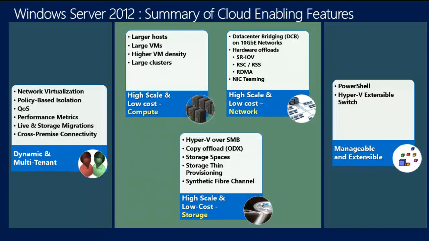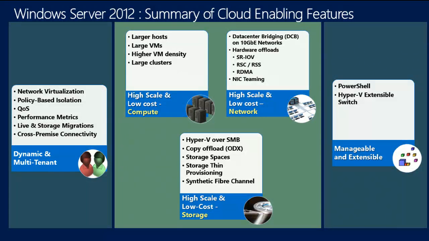Next, if you think about management, really the key thing that happened in Server 2012 is the amount of support that went into making everything automatable through PowerShell. 2,300 plus new cmdlets, everything is automatable, and also extensible. You can extend the system either by managing it through PowerShell and doing new scenarios, but also extend the Hyper-V switch, gain access to traffic going through the switch, get visibility into traffic between VMs.